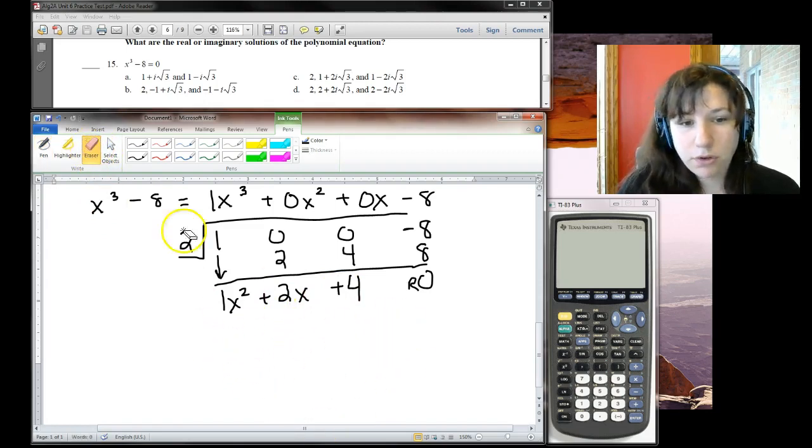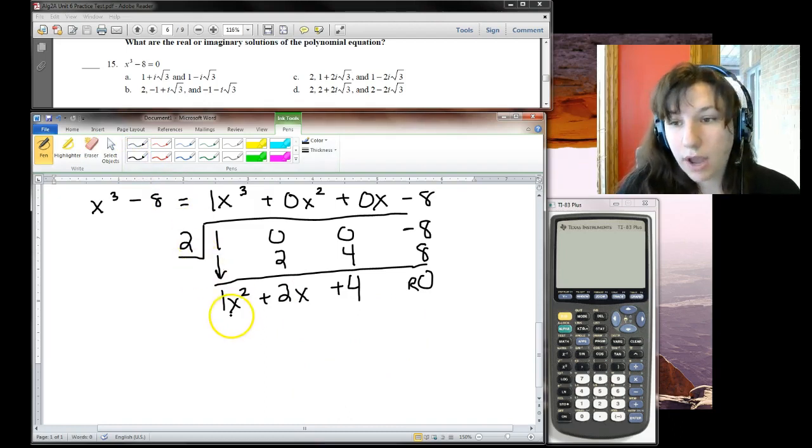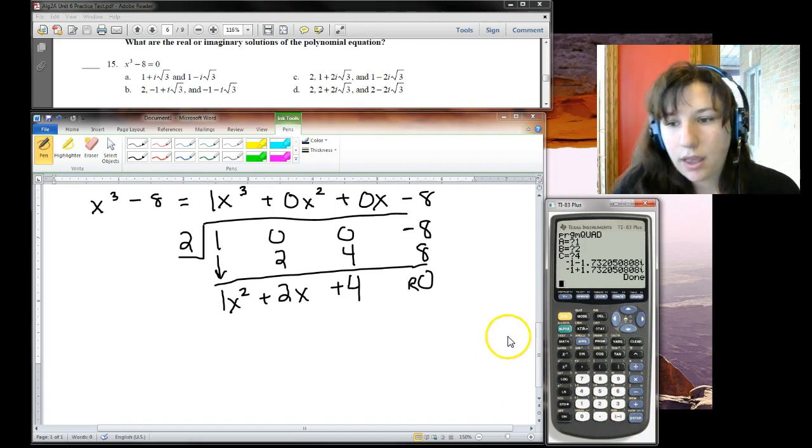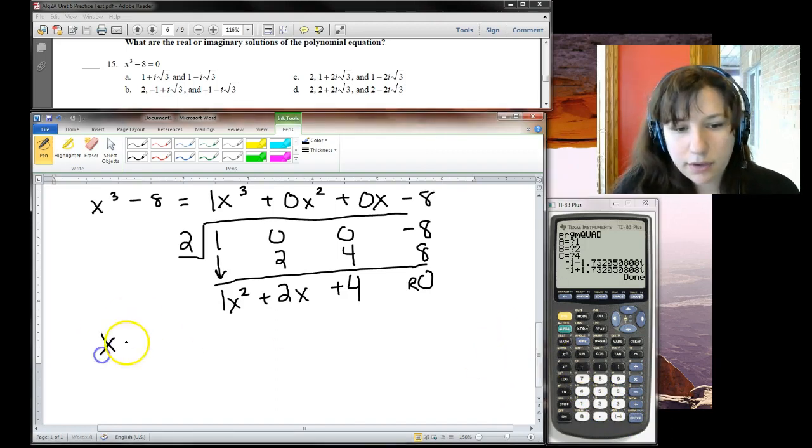So what I'm probably going to have to do is use the quadratic formula. Lucky for me, I've already got it programmed in my calculator. A is 1, 2 is B, 4 is C, and I get x equals negative 1 minus 1.73i.